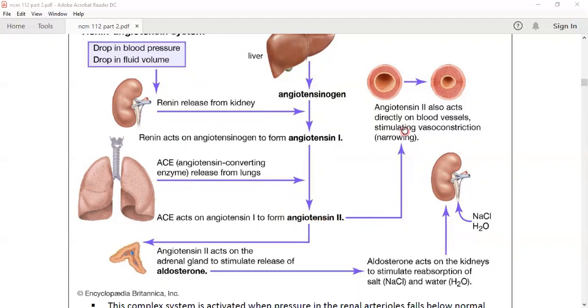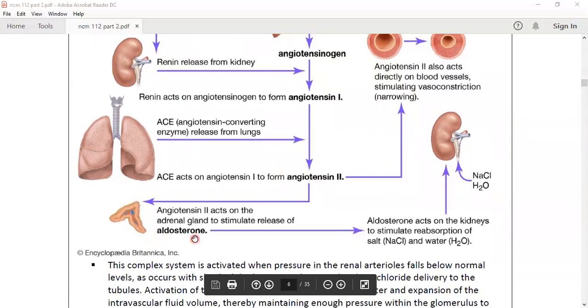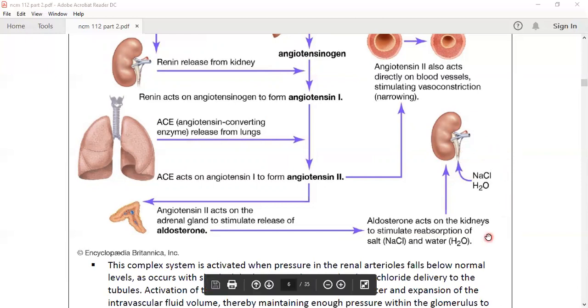One is your vasoconstriction, and two is it tells your adrenal glands to produce your aldosterone. Aldosterone will now tell your kidneys to reabsorb sodium and, in effect, pull more water with it in order to effectively expand your blood volume that returns to your heart and gets pumped back into your system.